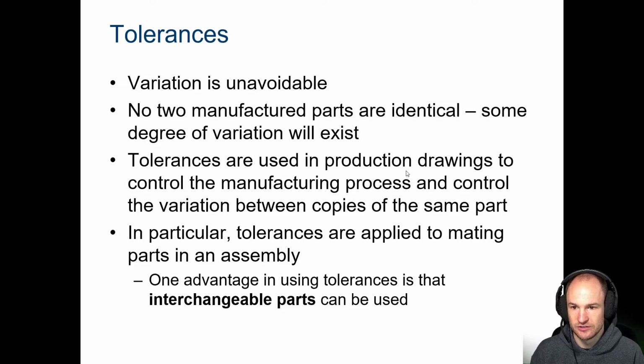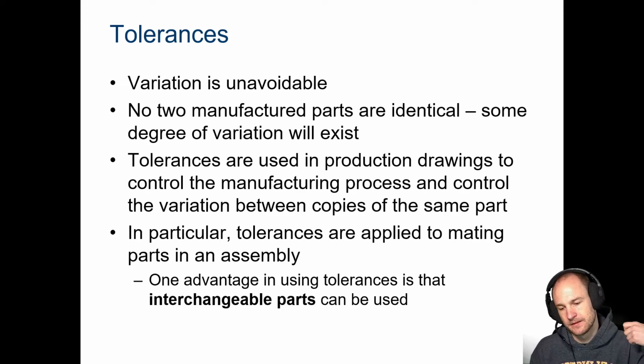So they're used in production drawings to let the control and manufacturing know, when they're doing their samples off the line, what's acceptable for this part. This is big when you're doing mating assemblies, like two things that have to go together.